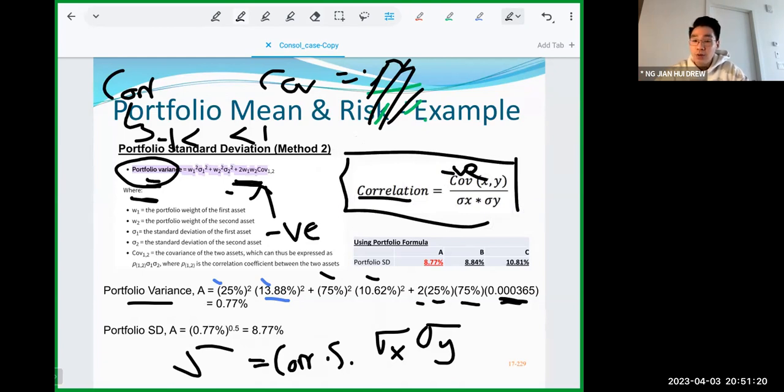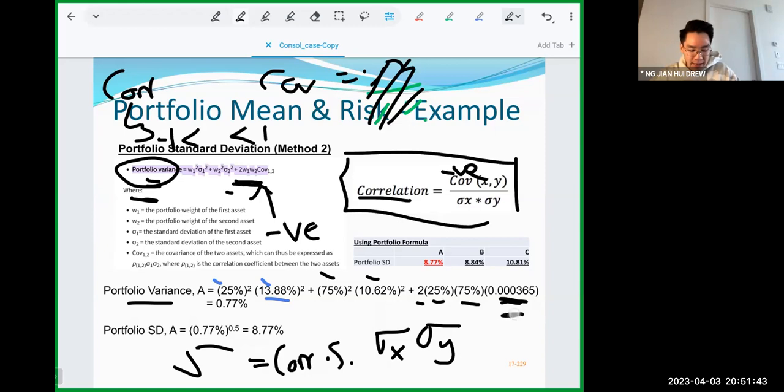All right, so immediately we see the benefit of diversification. During diversification, your covariance would be less than 0. In this example, can you see that your covariance is 0.0000365?